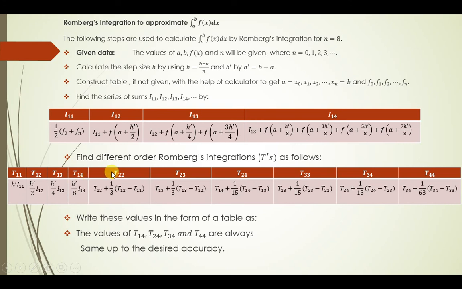These are the values up to T14. Now the rest of the values of these Ti's will be calculated with the help of these previous values. T22 will be calculated with this formula, T12 plus 1 by 3 times the same T12 minus T11. The previous value of T12 is T11, so that is T12 minus T11.